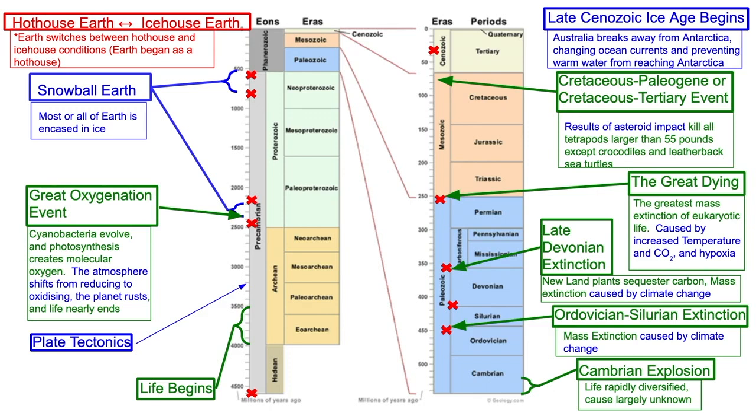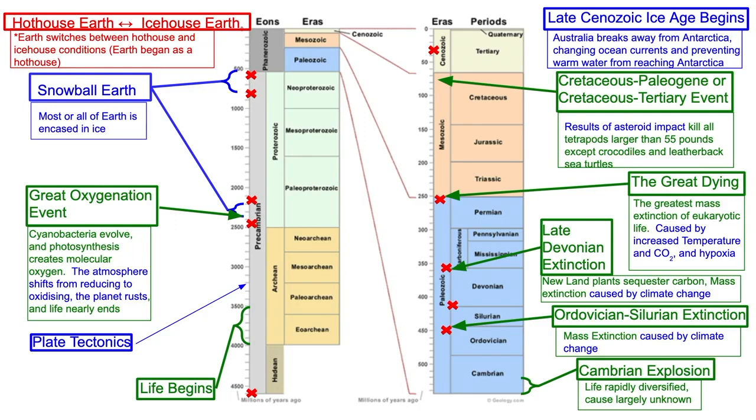And the first highlight that I want to introduce you to is called Snowball Earth. So there have been a couple of times in Earth's history where most or all of the Earth became encased in ice. And those, as you can imagine, have had pretty dramatic consequences for life. The next big event that I want you to be introduced to is the Great Oxygenation Event.